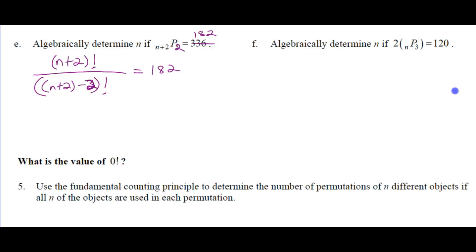So n plus 2 factorial is n plus 2 factorial. What's n plus 2 minus 2? Just n, right? And then it's factorial. So it's n plus 2 minus 2, which is n factorial. What's bigger, n or n plus 2? n plus 2 is bigger. So what are we going to do? We're going to expand.